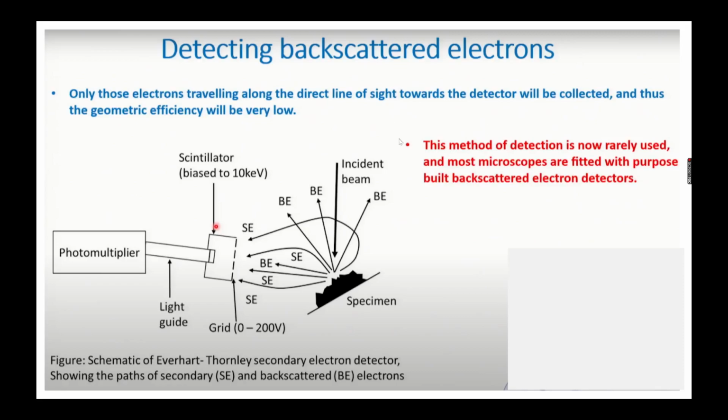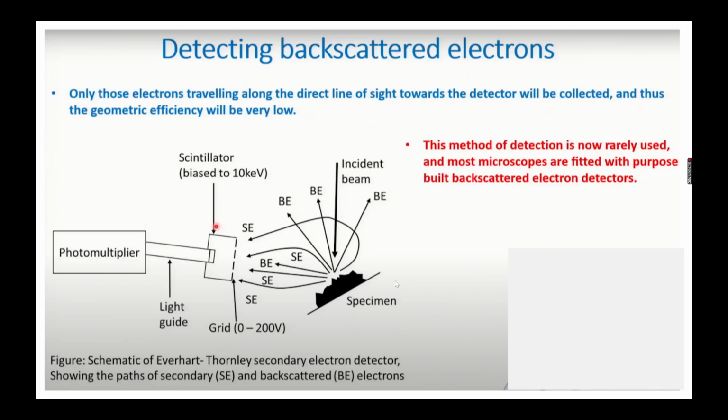It is about some instrumentation, and this method of detection is now rarely used. Most microscopes are fitted with purpose-built backscattered electron detectors. So even though the ET detector can detect the backscattered electrons, if you watch the lecture properly, there is a separate detector for the backscattered electron, which is able to detect it separately.